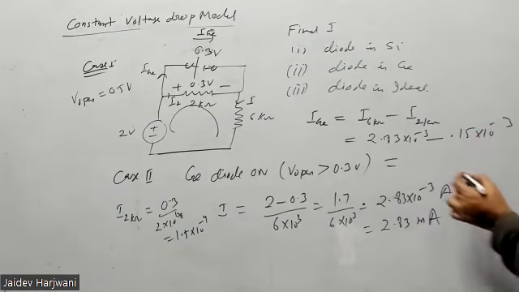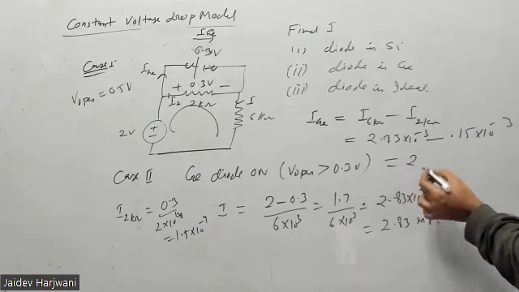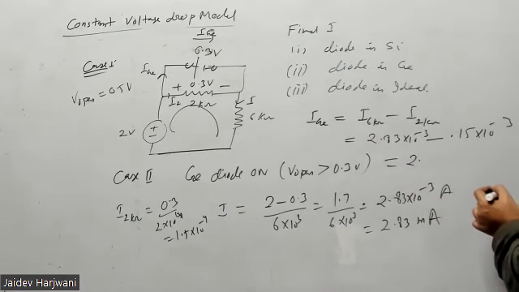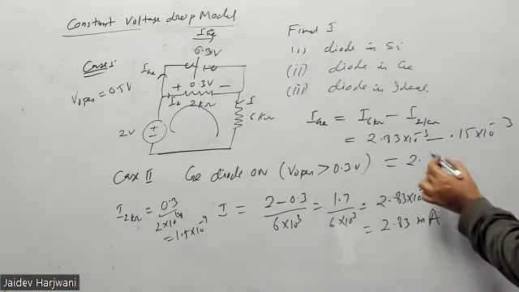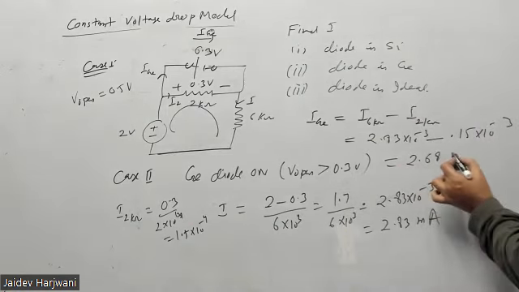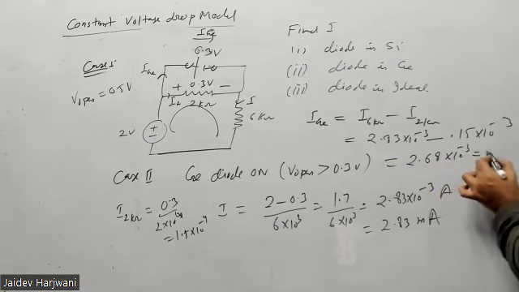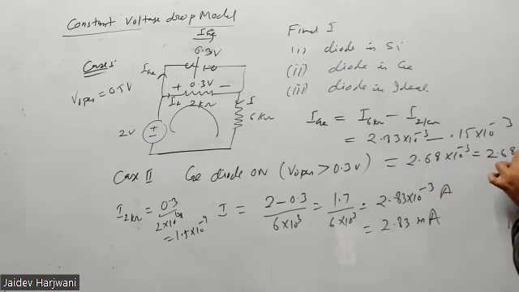Subtract this one and this will come around how much? 2.83 में से 0.15 गया, कितना आएगा? 2.68. 2.68 times 10 raised to power minus 3, 2.68 milliampere.